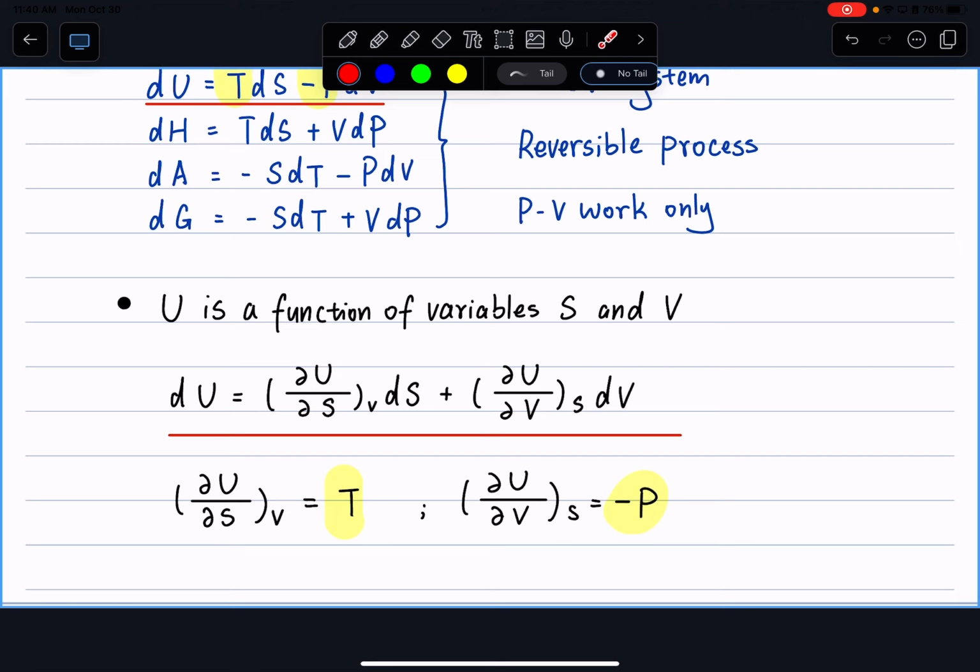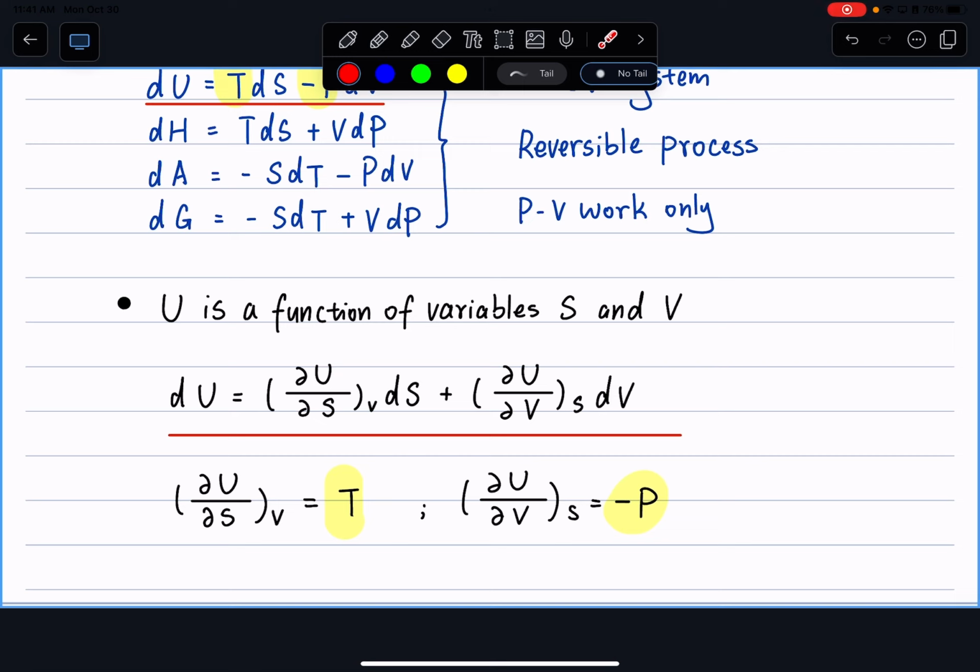Again, in this step we're just writing out the total differential of enthalpy, which is a function of S and P. Looking at our relationship, T is the partial derivative of H over S at constant P, the term in front of dS, and V equals dH over dP at constant S.